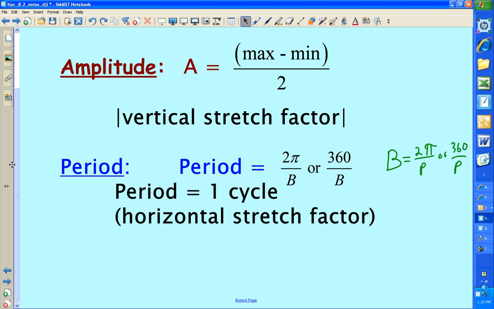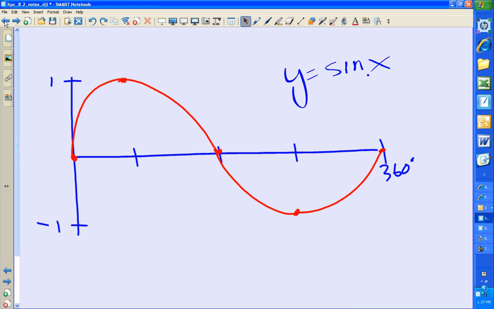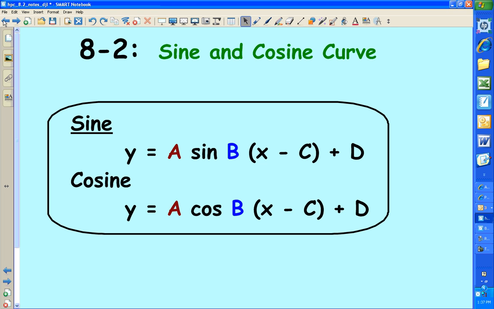Everybody with me on amplitude and period? Sorry, what do we use the equation to find? B. If you remember, it's up here. B is the reciprocal of the horizontal stretch factor. So if I'm asking you to write the equation for the graph, you need to know what B is.